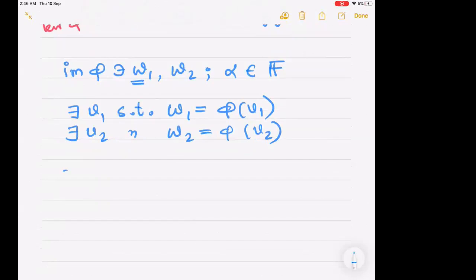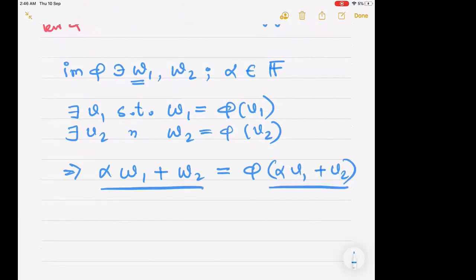So now if I look at alpha W1 plus W2, then by the rule of linearity this must be true. Therefore, there exists this alpha V1 plus V2, for which if phi acts on it, it produces alpha W1 plus W2, which implies alpha W1 plus W2 must be an element of the image of phi.